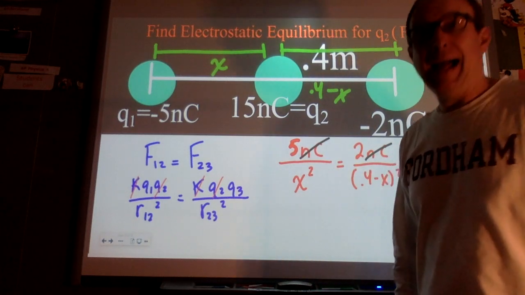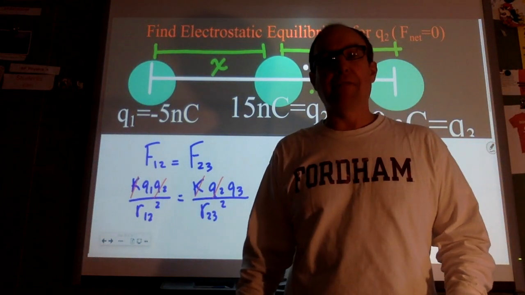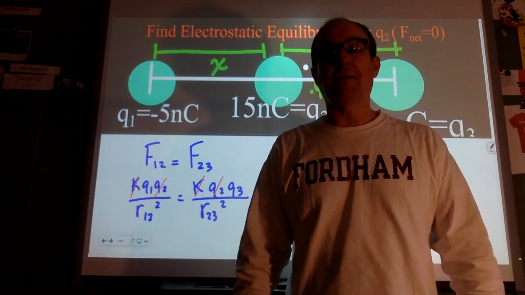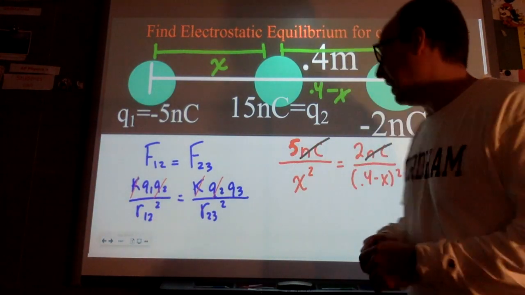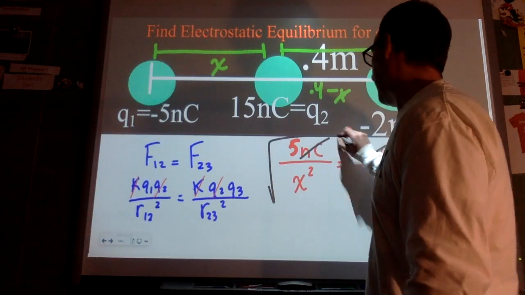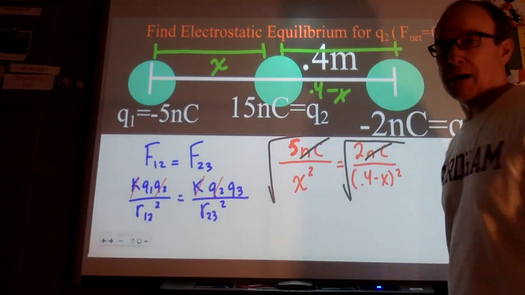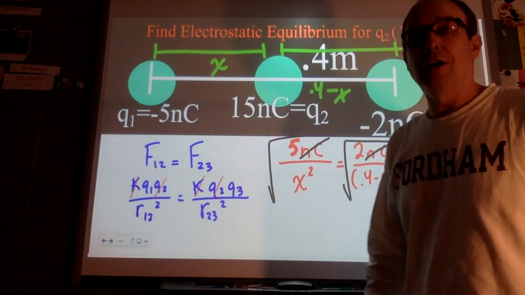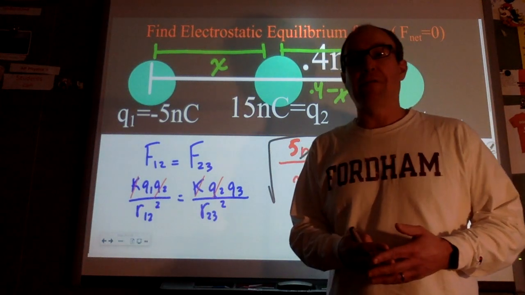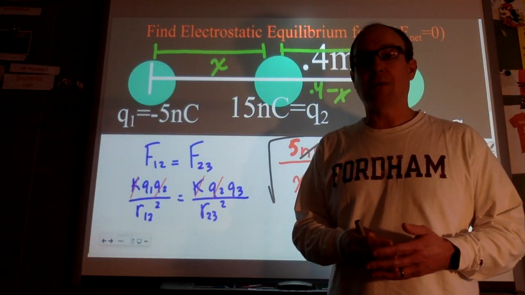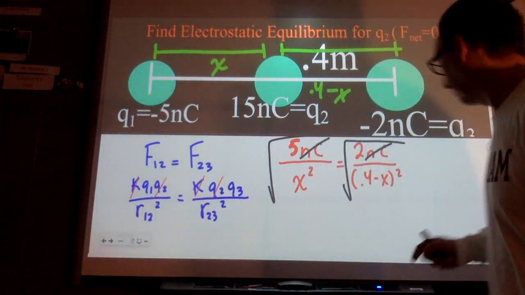And instead of multiplying all this stuff out and foiling, I'm going to square root both sides. That's one of the beauty things about math: as long as you're fair, as long as you do it to both sides of the equation, you're allowed to do anything.